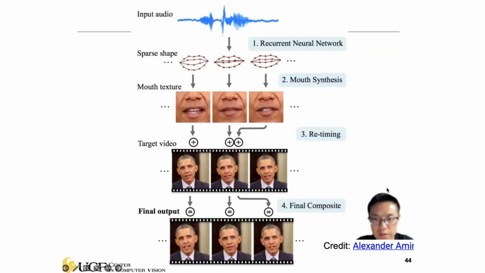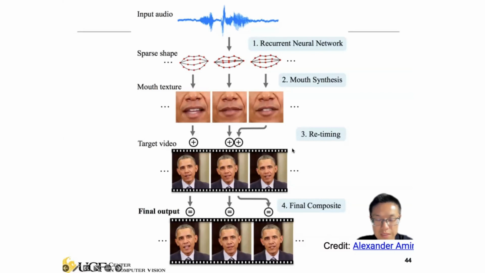So this is how they generate this kind of demo video, right? You have an input audio, right? Then you can do this kind of mouth synthesis, right? First from the key points, trying to get the motion of the lips moving, right? And also you can put this into a target video. So basically you have a real video of former President Barack Obama giving a speech.